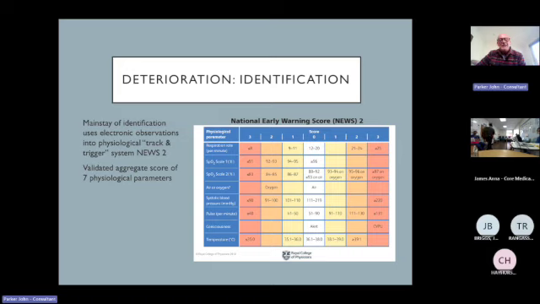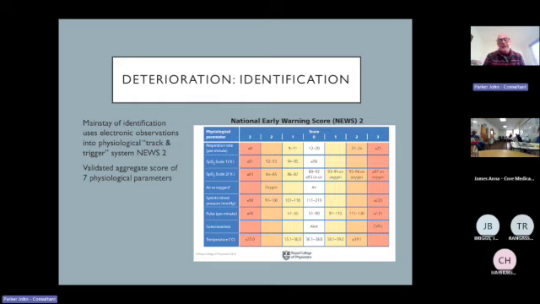I'm not going to go through it in any depth, but I would encourage you to know what this says and be able to calculate a NEWS 2 in your head if you can, because it's very useful when you're going through things like AIOU, but also thinking about how unwell someone is when you visit them on a ward.